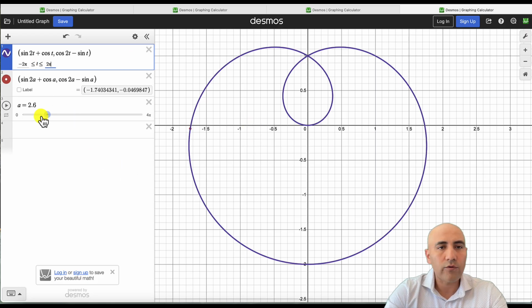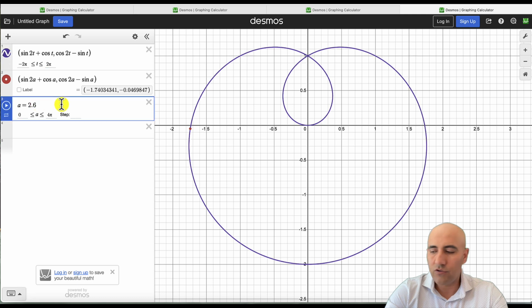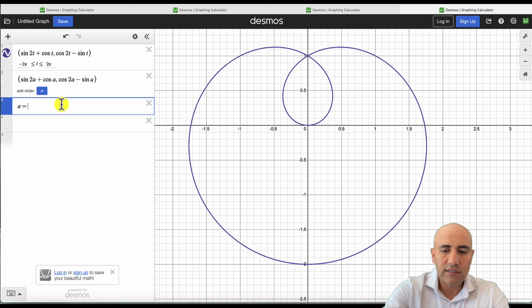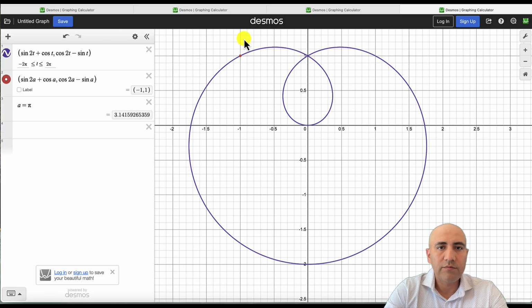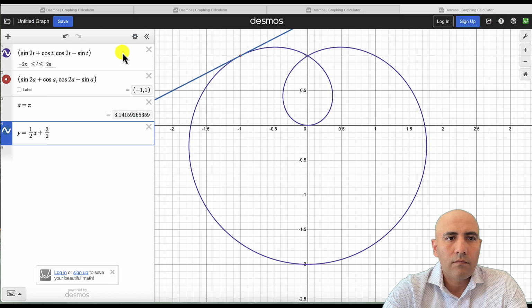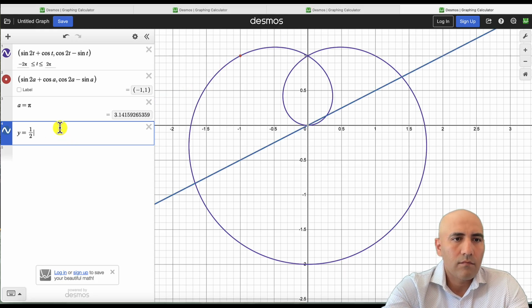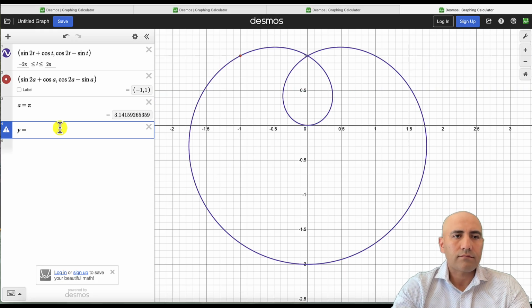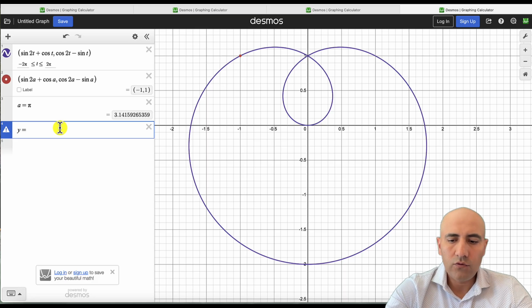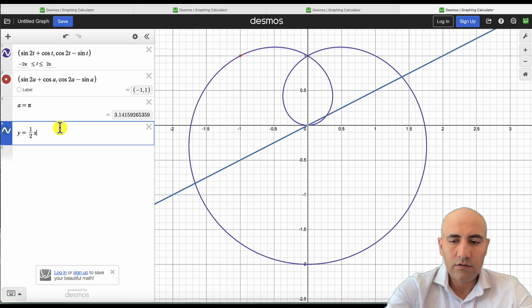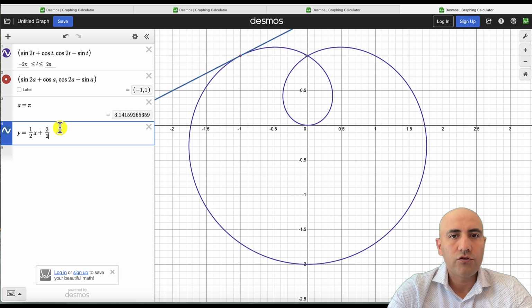Okay, so now in particular, we were interested in the point when t was equal to pi. When t is equal to pi, we have this point right over here, which results in the point -1 comma 1. And then we also found the equation of the tangent line at that point, which we found to be y equal to 1/2 x plus 3/2.